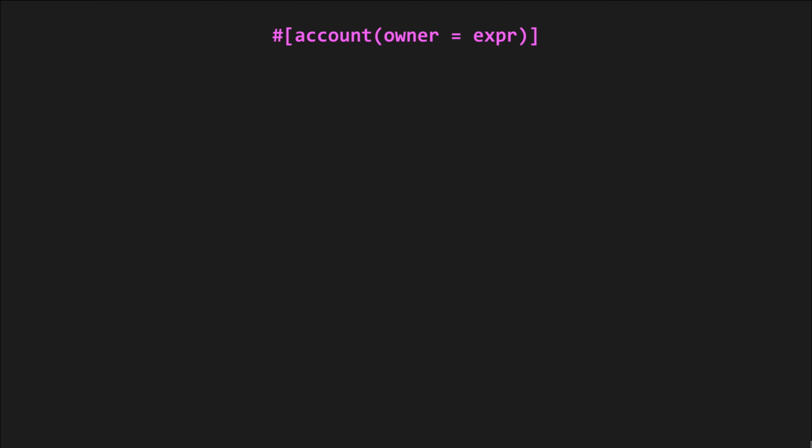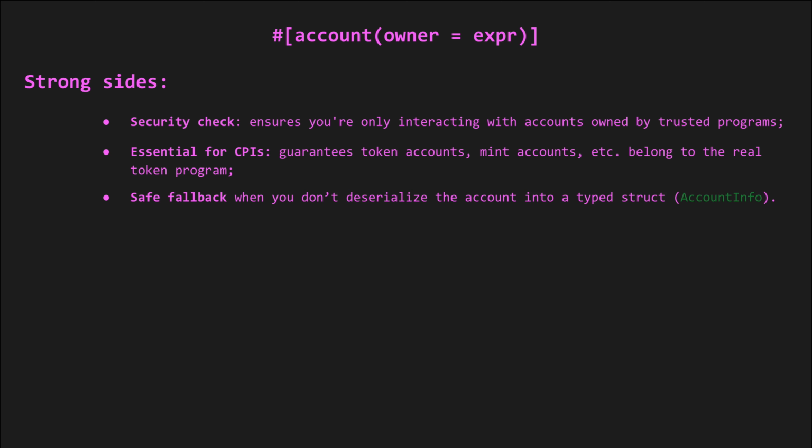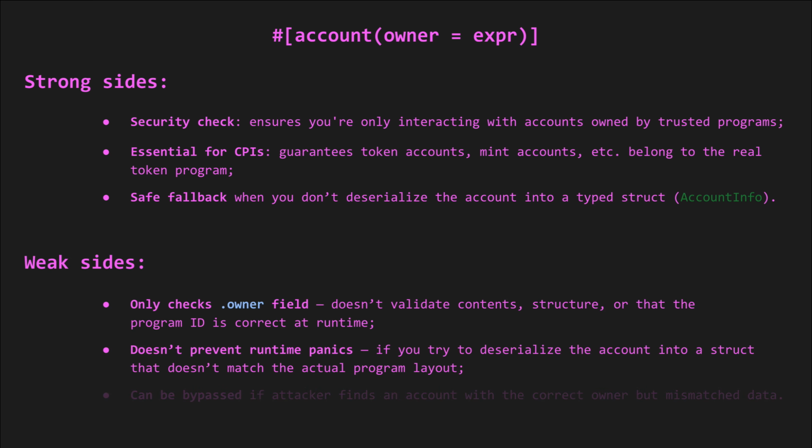The strong sides are it's a security check, essential for CPIs, safe fallback. The weak sides are it only checks the owner field, doesn't prevent runtime panics, and can be bypassed.